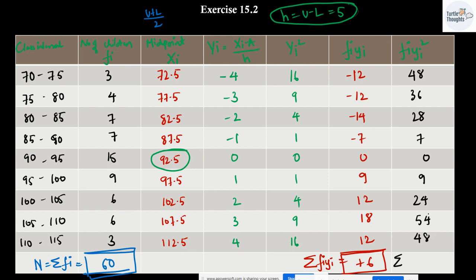When you add all this, you will be getting the value of sigma fi yi square.